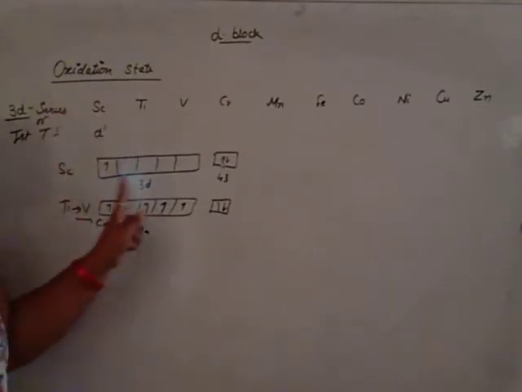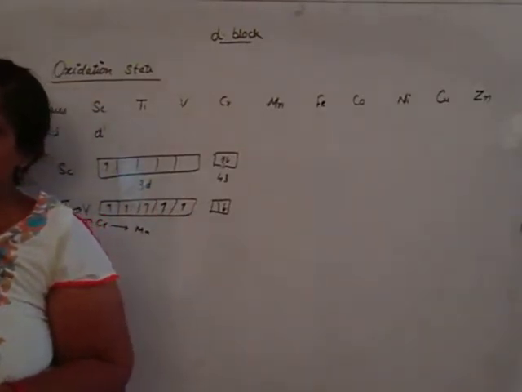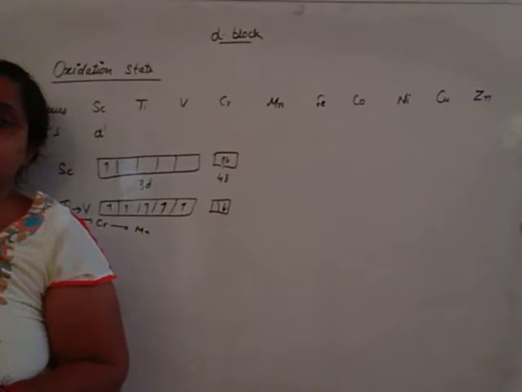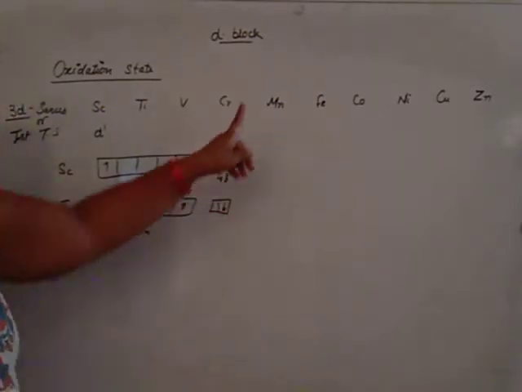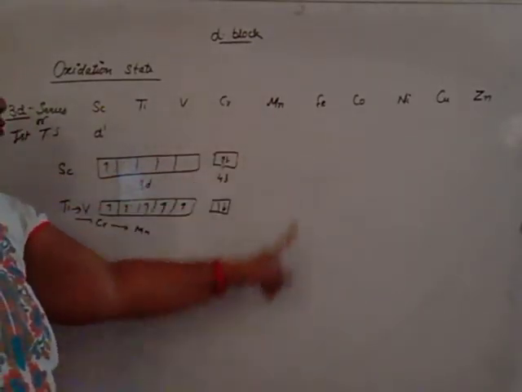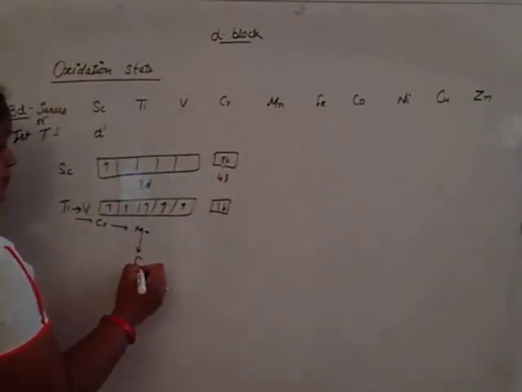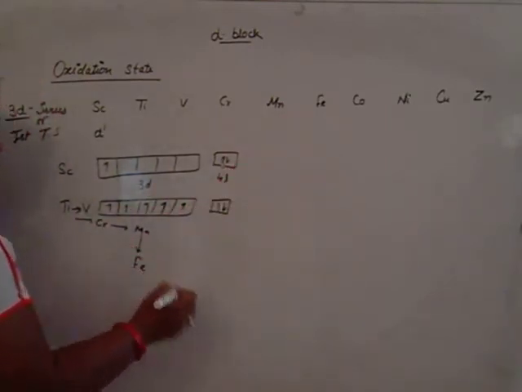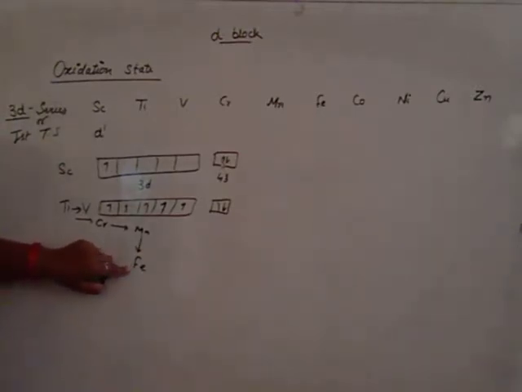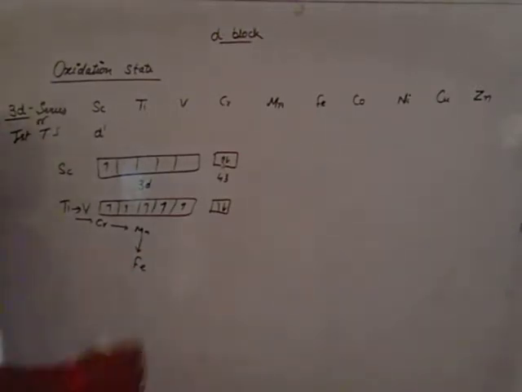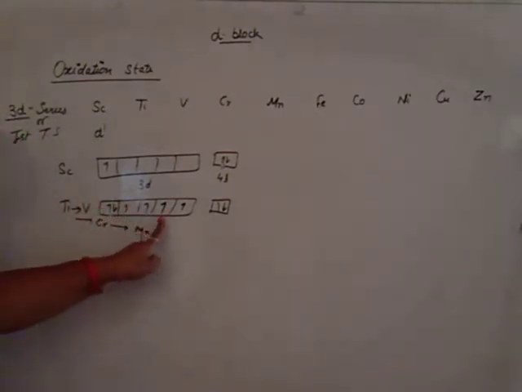So, as the number of unpaired electrons increases, the oxidation state increases. After the middle of the series, from manganese to iron, one electron is added and that electron will show pairing, so the number of unpaired electrons starts to decrease.